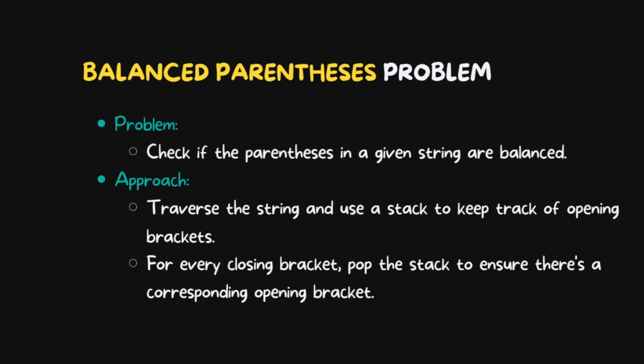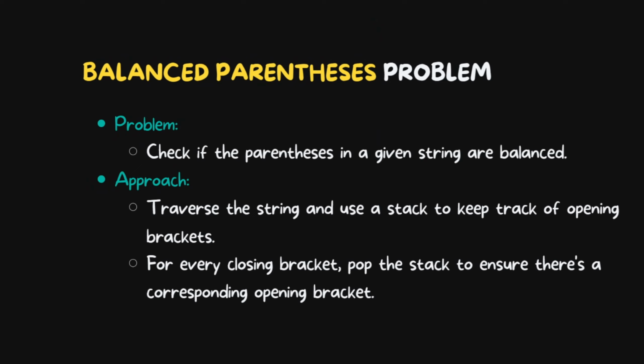The problem is simple. Given a string containing characters like parentheses, braces, and brackets, we need to check if every opening parenthesis has a corresponding closing parenthesis and if they are in correct order. To solve this, we will use a stack. The idea is to traverse the string character by character. If the character is an opening bracket, then we push it onto the stack.